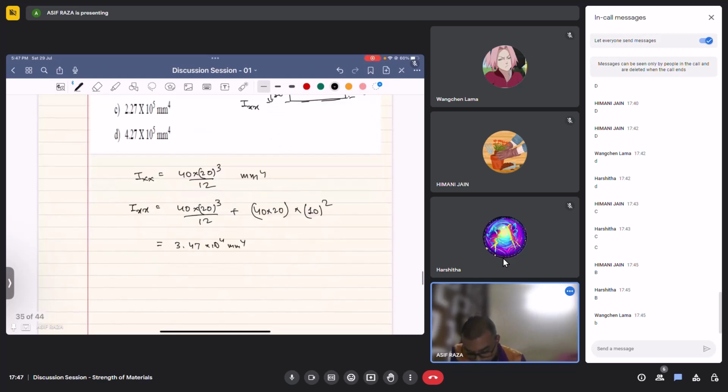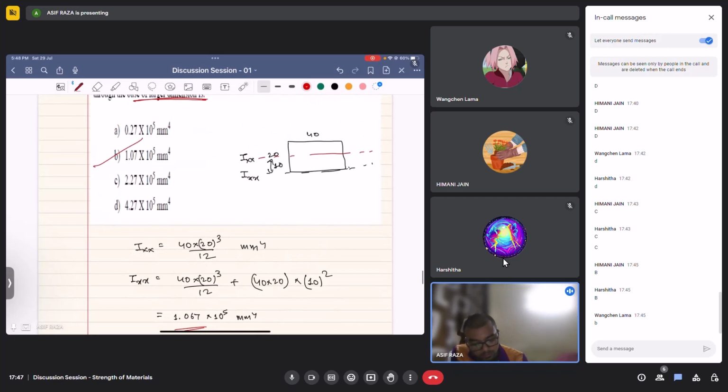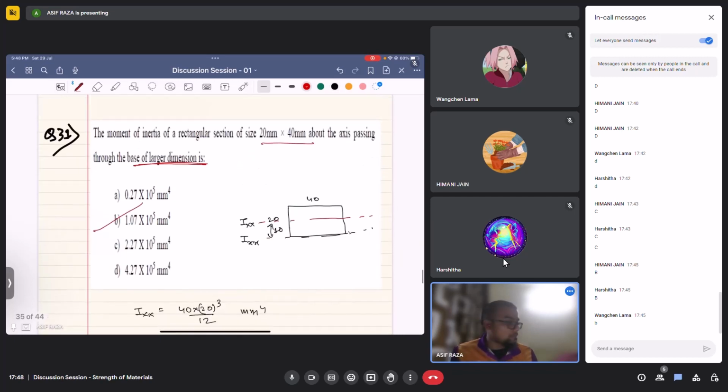Oh, sorry. It would be equal to 1.067 into 10 to the power 5 mm to the power 4. So yes, most of you gave the correct answer, option B. That's good.